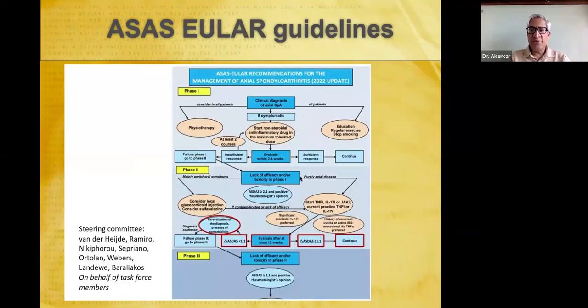If it is purely axial disease, this is where you start thinking in terms of JAK inhibitors, which would mean tofacitinib, upadacitinib, or TNF alpha blockers or interleukin 17 blockers. So these are the biologics that we use for this. And then you again evaluate the response. For peripheral disease, you can try sulfasalazine, methotrexate. If either contraindicated or there is lack of efficacy, then you again move on to either JAK inhibitors or interleukin 17 inhibitors or TNF alpha blockers.